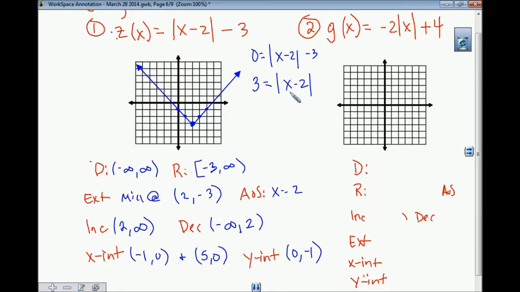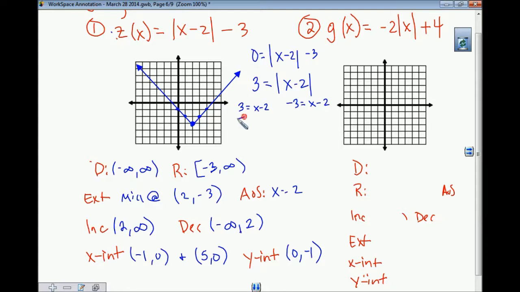When we're solving an absolute value, if everything in here equals 3, it makes it true, right? Or if everything in here equals -3, because what's the absolute value of -3? 3. So everything in there could also equal -3. Does that make sense? Yes.